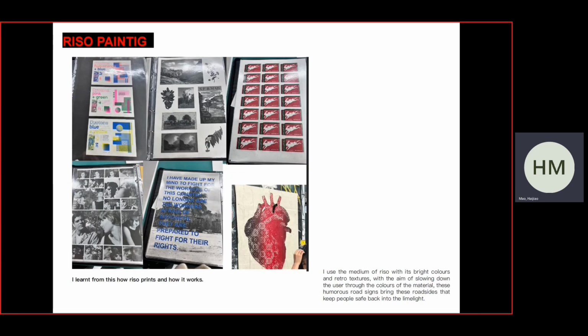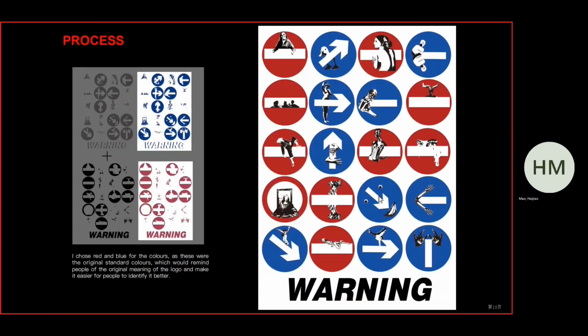I use the medium of Riso with its bright color and Riso texture, with the aim of slowing down the user through the color of the medium. The vector humorous road signs bring those roadsides that keep people safe back into line.